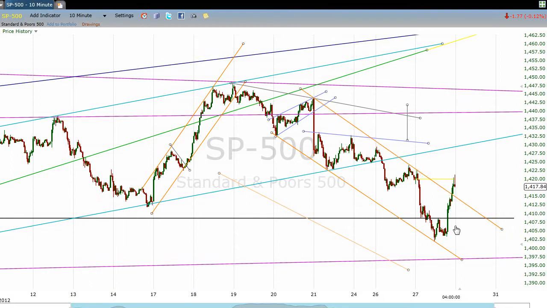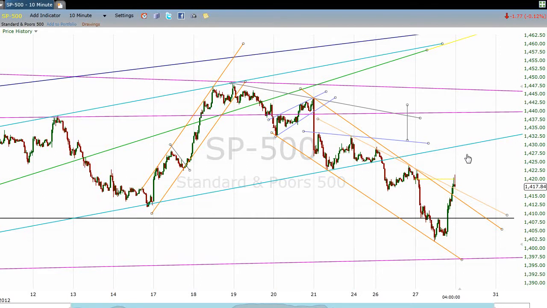So, to make a long story short, what I'd been looking at in the way of a potential descending channel got a little bit more defined today, and then after it got defined, it decided to break out. I also drew a little line across the last three tops. We got out over that as well.